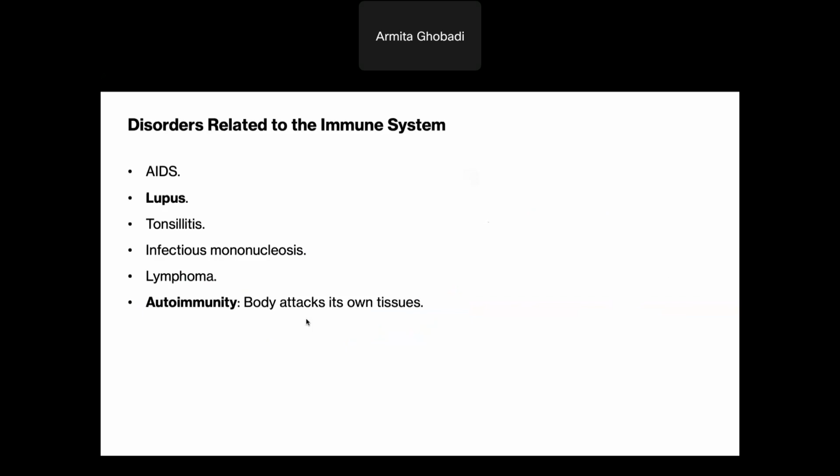Another disorder is lupus. I guess you are familiar because there are so many celebrities with this disease. Lupus is an autoimmune disorder in which your body attacks your own cells. There are many possible reasons, but none of them is a specific cause.